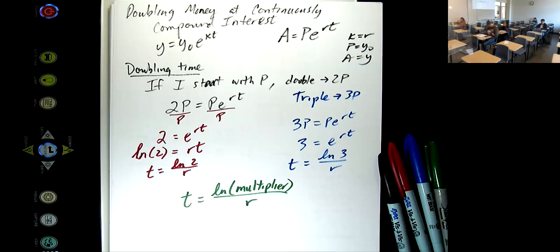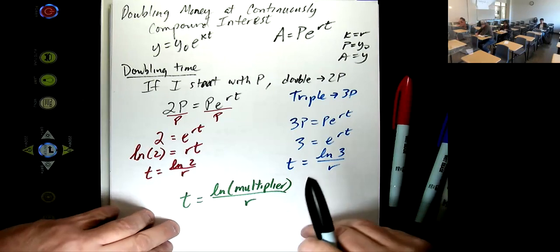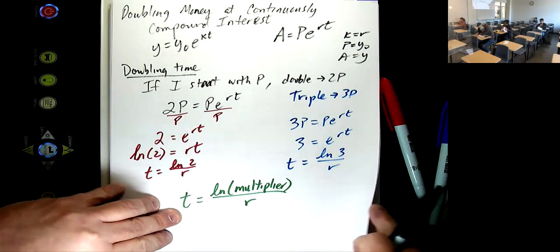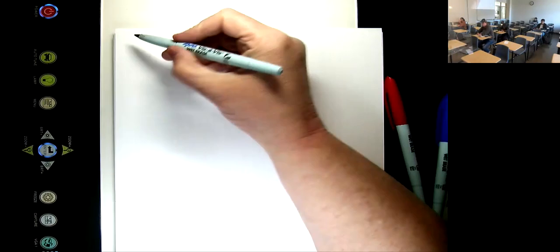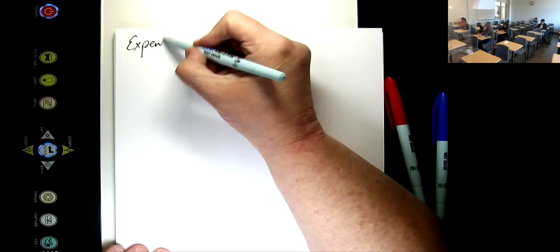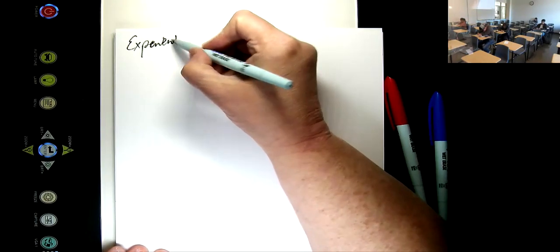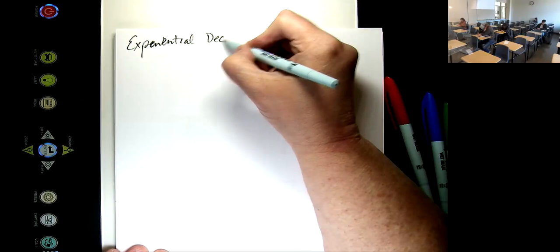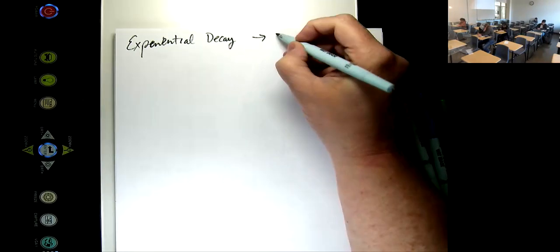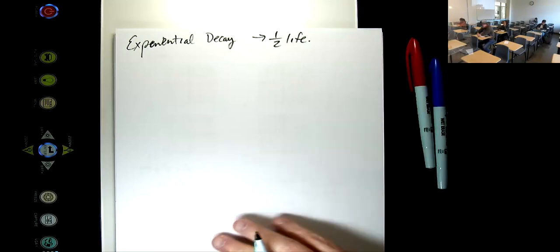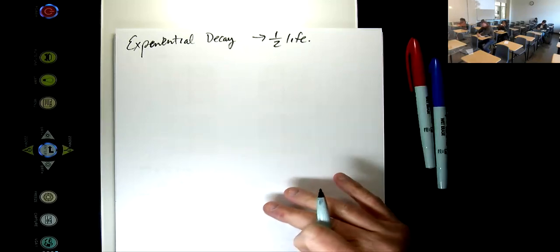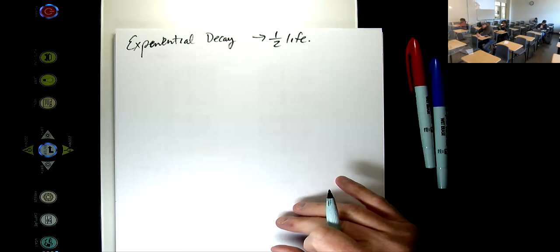We should look at exponential decay before we're done though. So a common thing we care about in exponential decay is half-life. We want to know how long it takes for something, the radioactive decay, to cut in half.